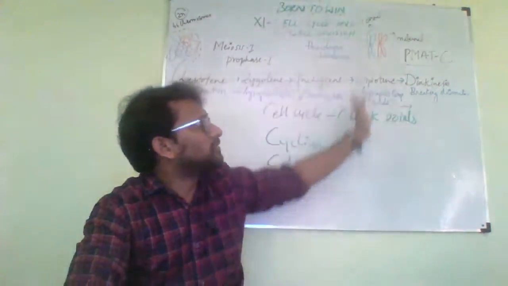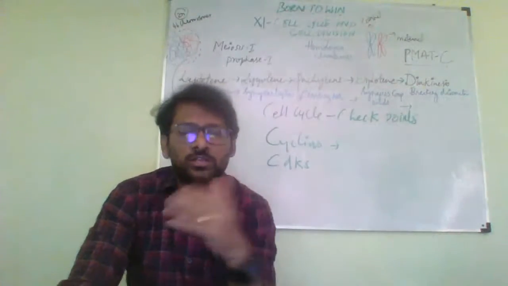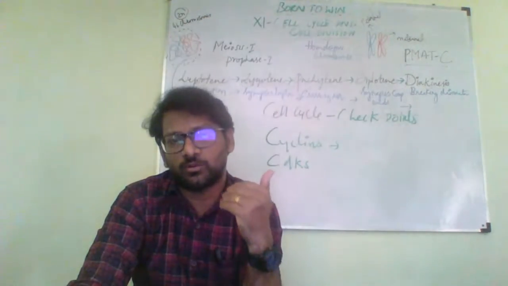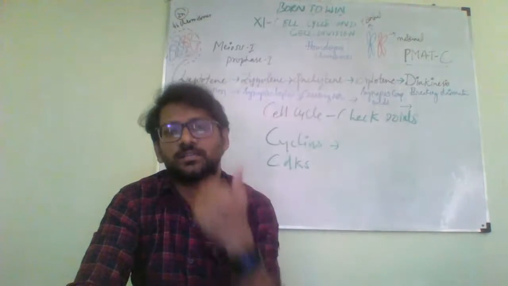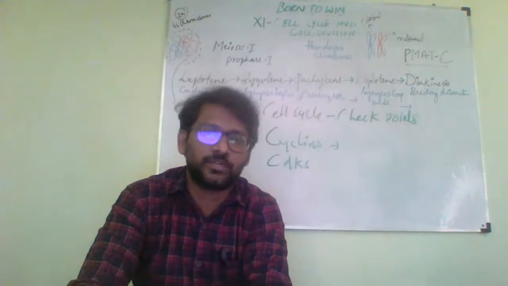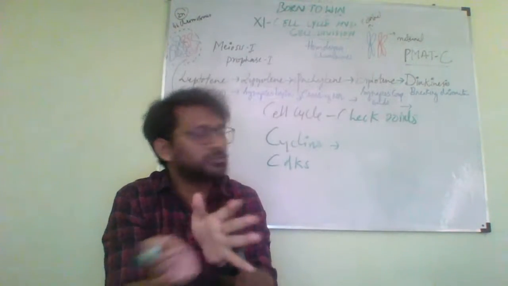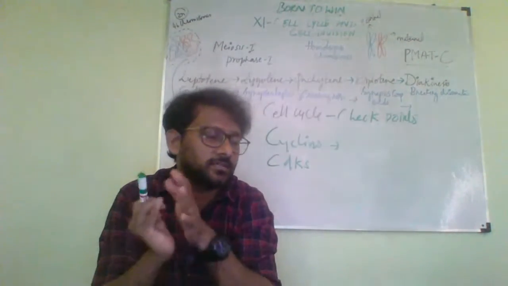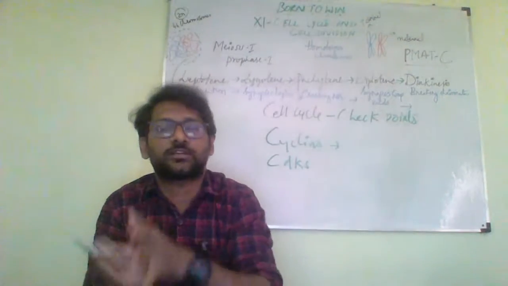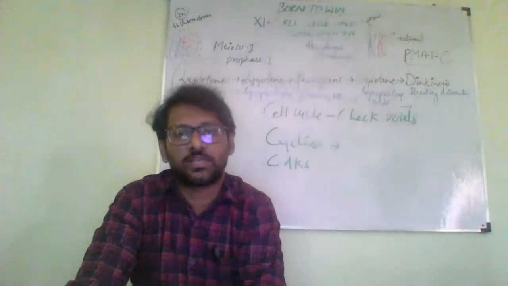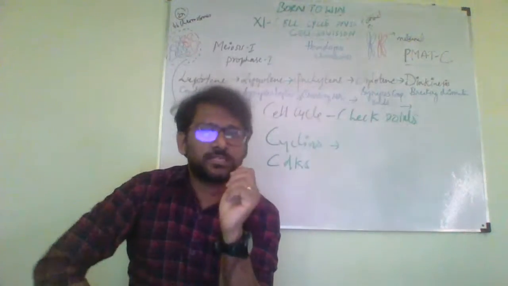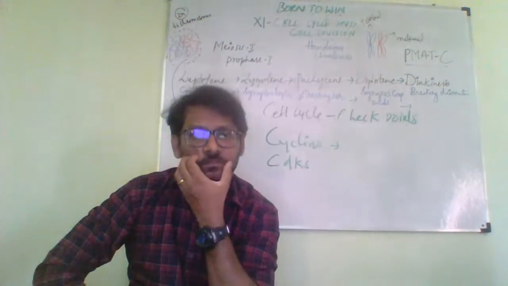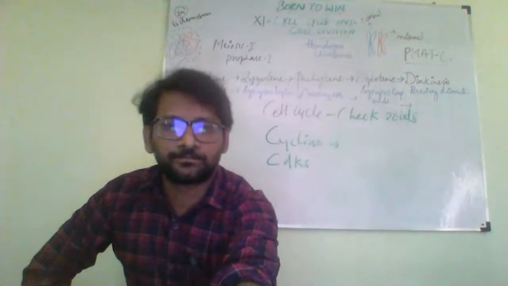It means that if they want to arrest the cell, they will arrest it at that particular point, right? It will not allow the cells to separate, and not allow the cells to enter into the next phases. At the telophase, they will regulate the cell cycle at different levels. Is that clear?